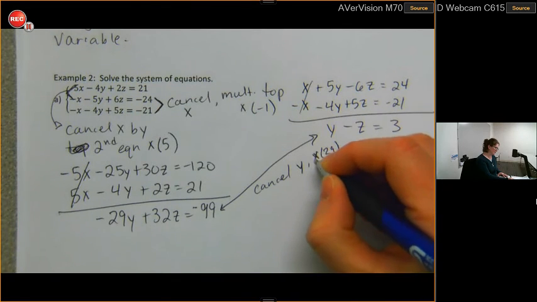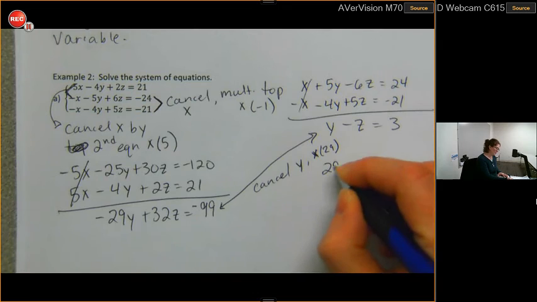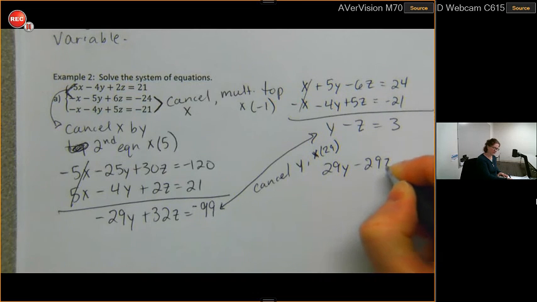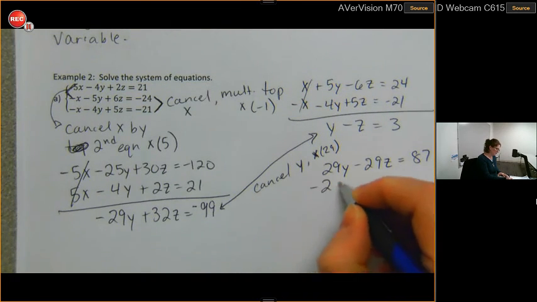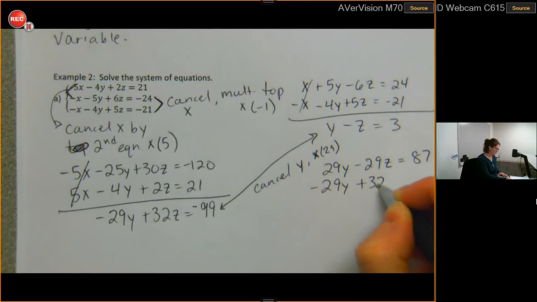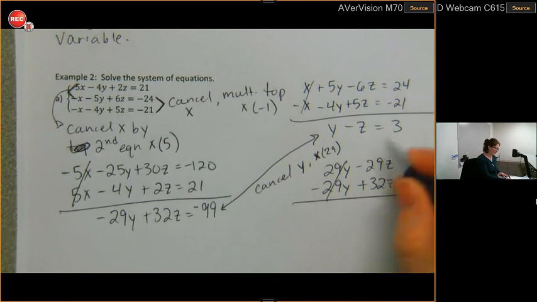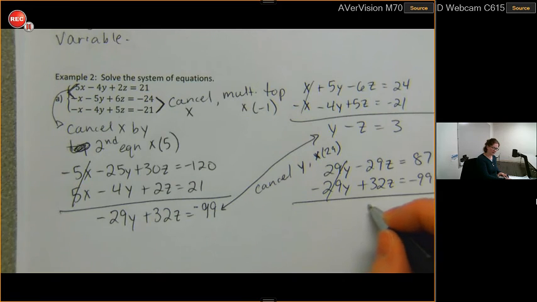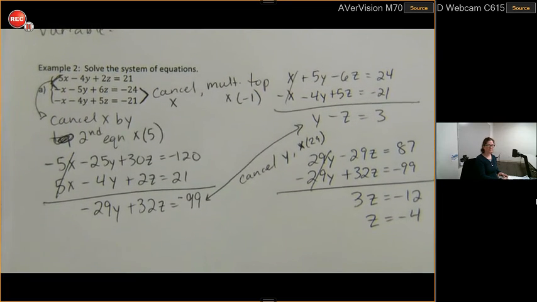So this is not the variable x, that's multiplied by 29. So we get 29y minus 29z equals 87. Copy the other equation right underneath it. And I add them together, the y's cancel, and I get 3z equals negative 12. So z equals negative 4.